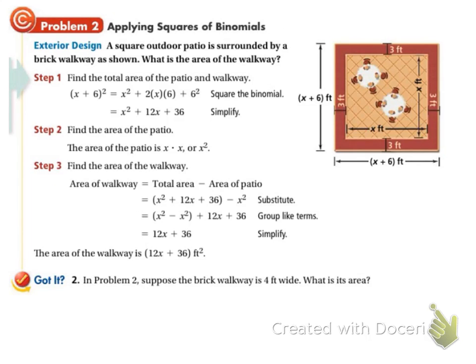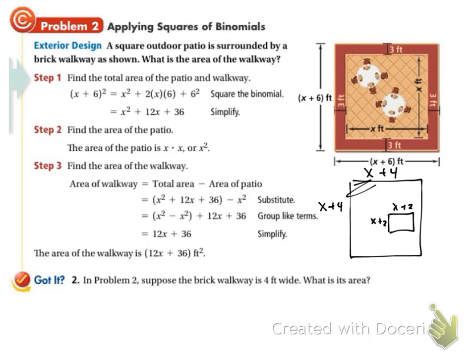Your book has this example problem. The problems you're actually doing in your homework aren't quite as crazy looking, so I'm going to show you one of those. What they want to know, ooh, that does not look like a square. So they give you a square, and let's say it's x plus 4 by x plus 4. There's a little cutout in there, and they tell you the dimensions of that. Let's say it's x plus 2 by x plus 2.